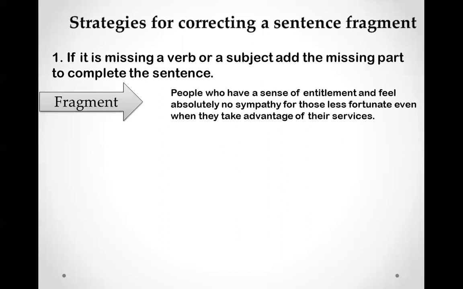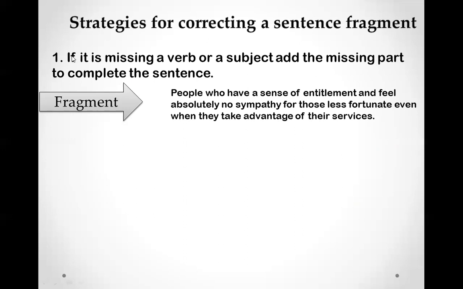Okay, so the sentence here is talking about people, so people is the subject. People, who have a sense of entitlement and feel absolutely no sympathy for those less, all of the following part from whom? Till services is an adjective clause. It is describing people, but it's not telling me what they are doing. So it's not completing the sentence with a clear, complete predicate. So this is a fragment.